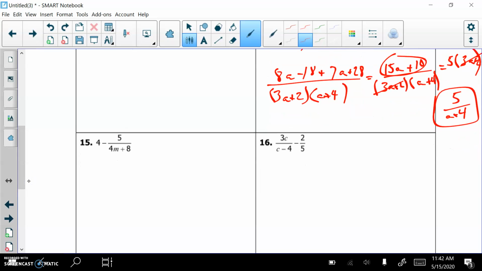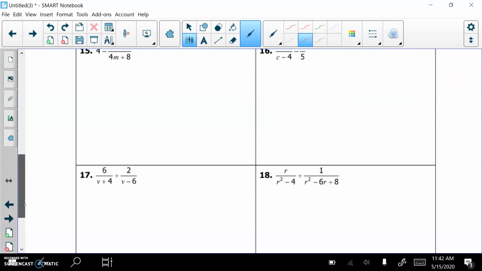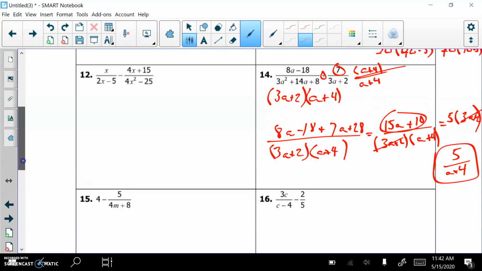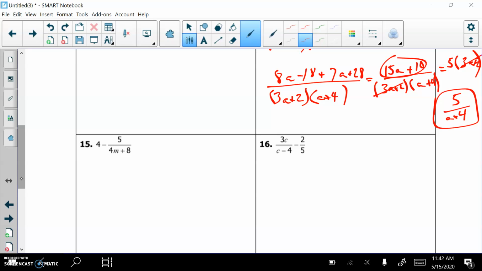This one looks silly. Okay, so we've got a c minus 4 and a 5. Trying to hurry up. They both need the other thing, so my common denominator is going to be 5, c minus 4. This first fraction needs a 5. It's 15c. 5 times 3c.